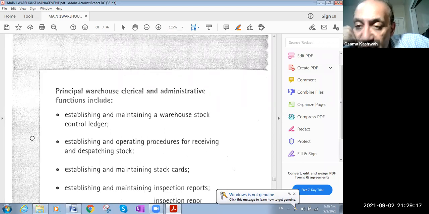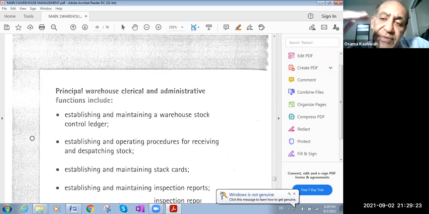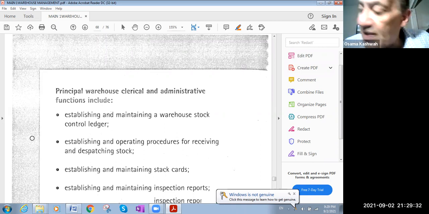For that reason, he keeps withdrawing till the minimum level. Then after that, he will reorder. Exactly like I'm telling you, $20 in your pocket. It's exactly the same idea.